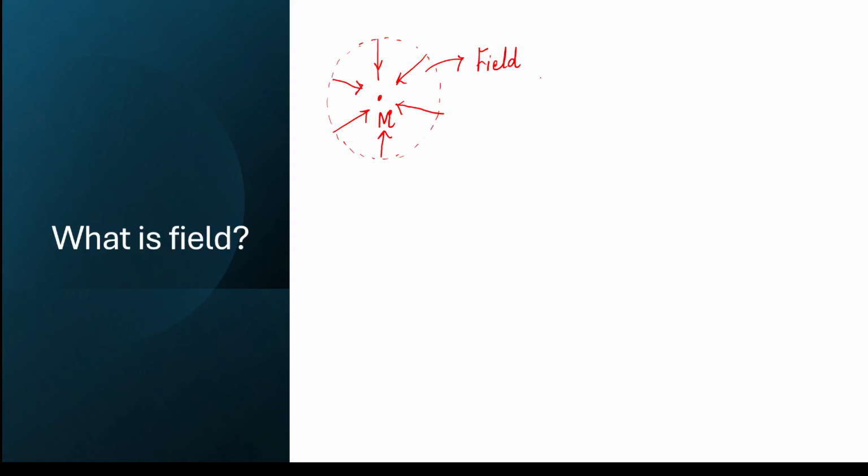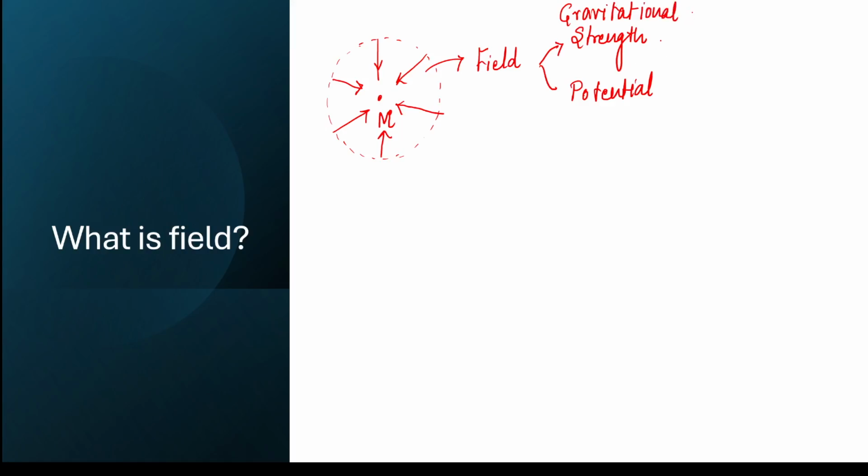Now field is measured in two ways. One we call gravitational field strength, another is called potential. Both of them are a way to measure the gravitational field. The gravitational field strength is a vector method.